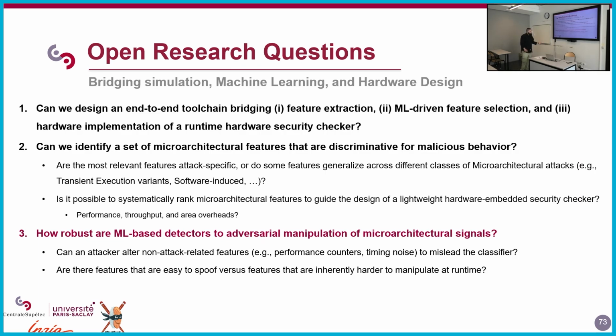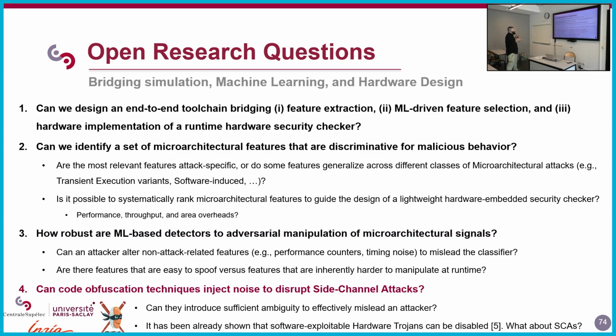Something else: how resistant are the machine learning models that detect those attacks to manipulation? If an attacker is able to inject something else, can they modify the performance counters in order to fool the machine learning? Can the machine learning be fooled by the attacker when the attacker is executing the attack and something else?